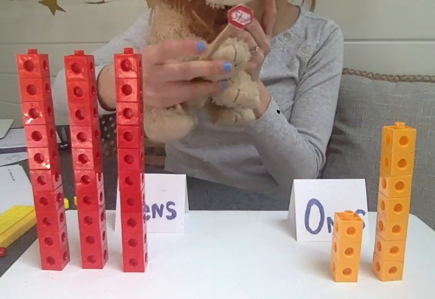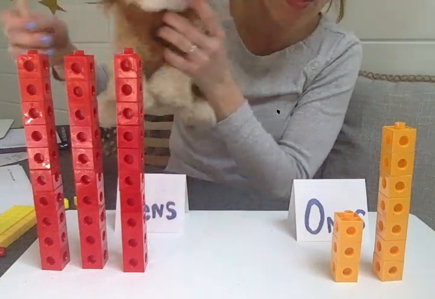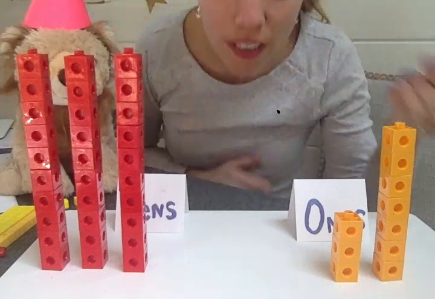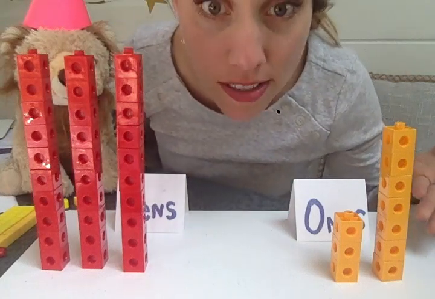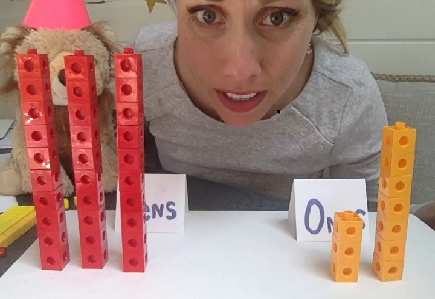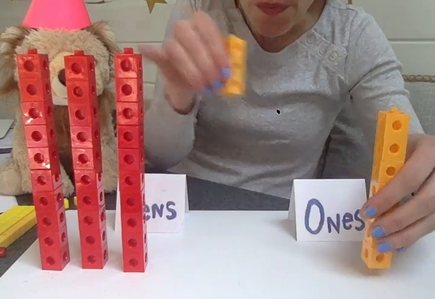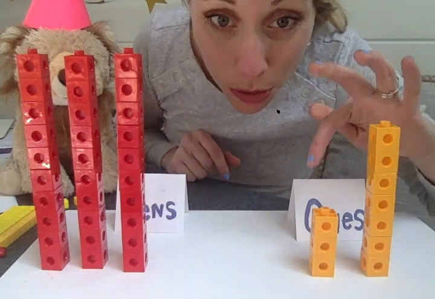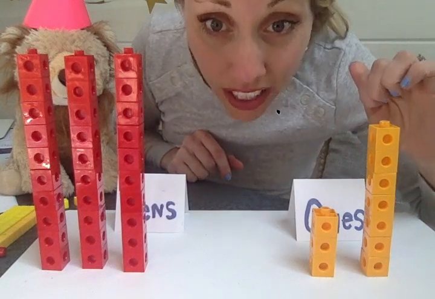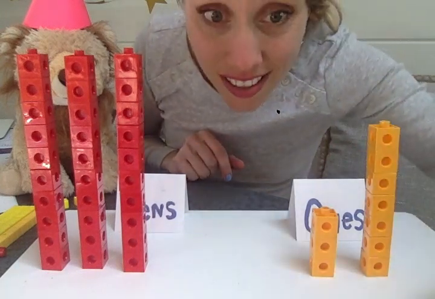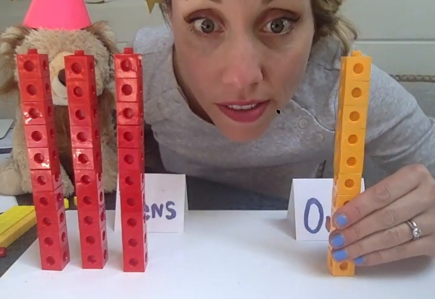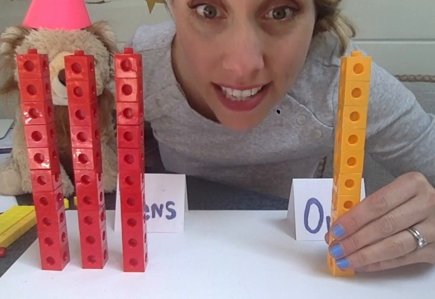Uh-oh, Rashid says, stop. Something is wrong. If you look carefully over here at the ones, I'm noticing something. 3 tens and 7 ones plus 3 ones is really 3 tens plus 10 ones, because 7 plus 3 is 10.